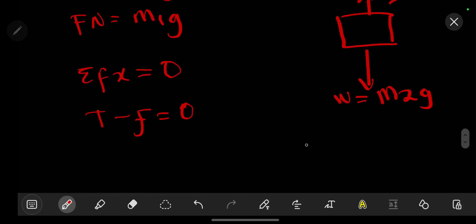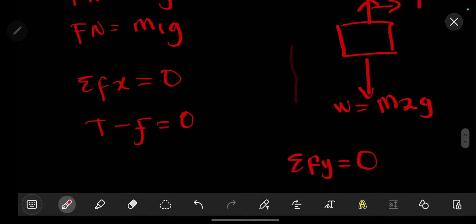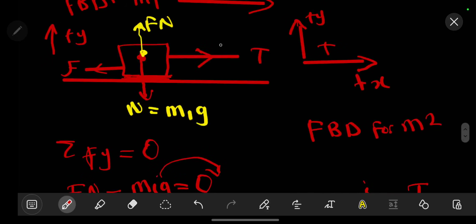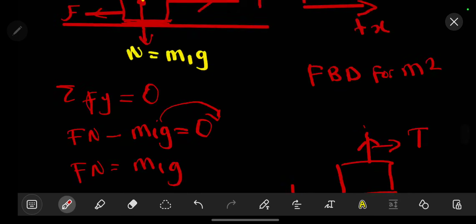So the summation of forces, in this case only in the y, is equal to 0. It's not moving. Now here, just be strategic. Take downwards to be positive, so that it's continuing.